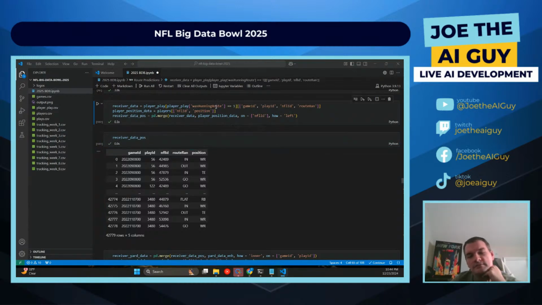So the only thing we added in was the position. What's the right way to do this? Technically on a play, you could have 5 receivers.